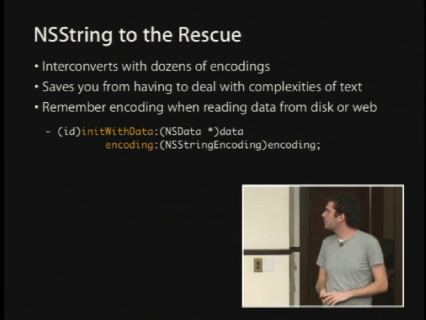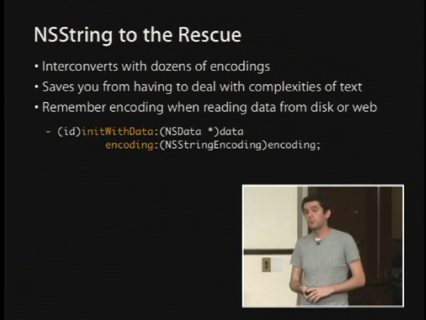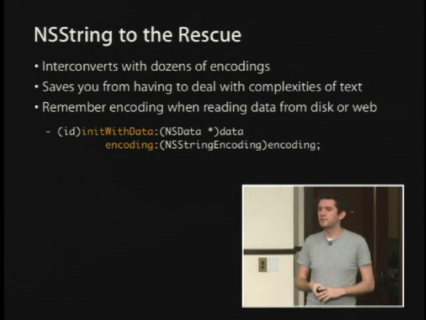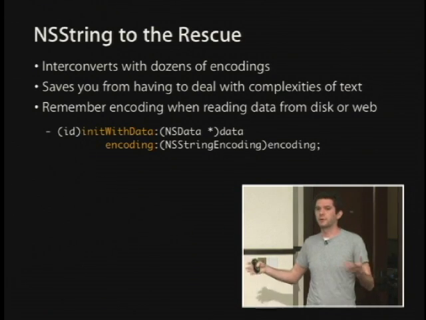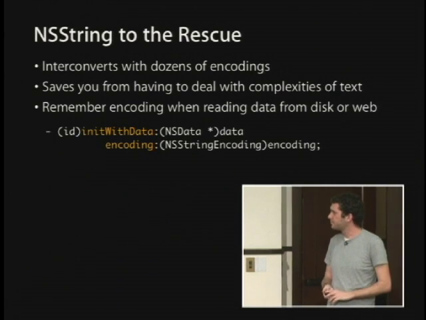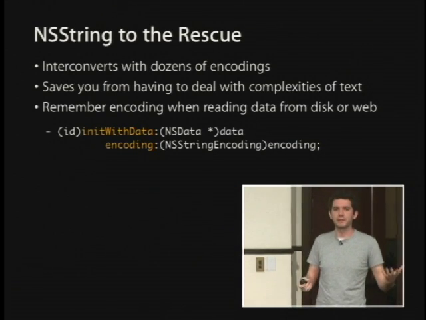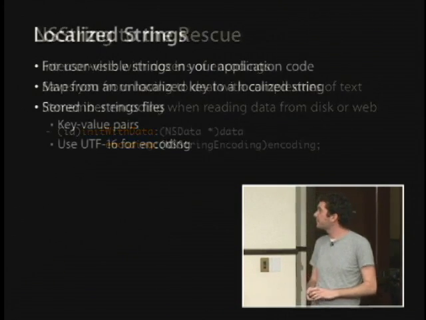So when you're reading data off disk, you'll probably use something like initWithData:encoding:, where you've got an NSStringEncoding, and different sources of data will usually define what encoding their data is in. Like some of the Twitter and Flickr APIs probably define that their strings are UTF-8 or UTF-16, usually UTF-8 for that kind of thing. So you would pass the NSUTF8StringEncoding when you're getting the data, and basically NSString knows how to parse that and then convert it to whatever encoding it needs.